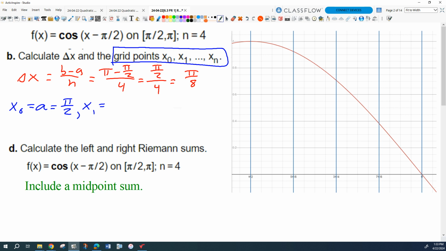That's just going to be my first step. So if I started at pi halves and delta x is pi eighths, what is it? 5/8 pi, right? Pi halves plus pi eighths, that makes sense? 1/2 pi plus 1/8 pi is just 5/8 pi.